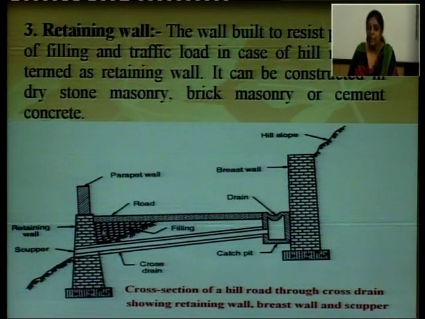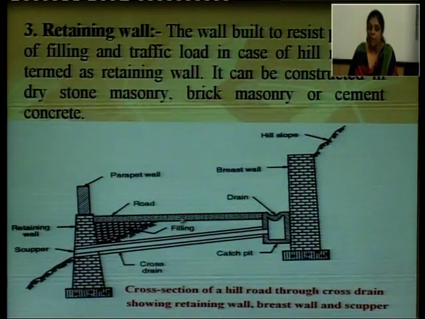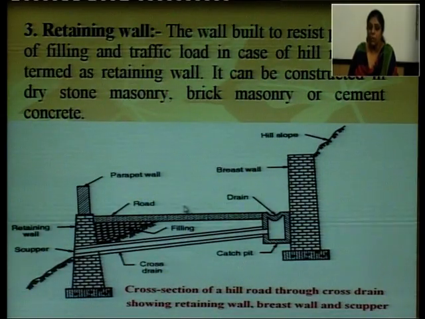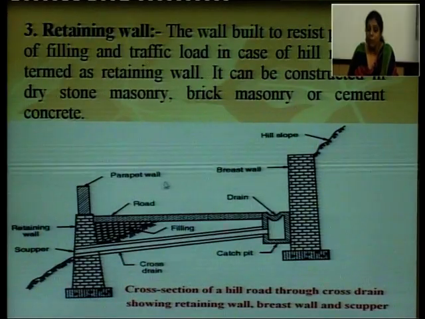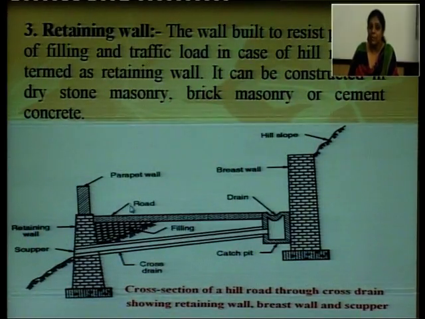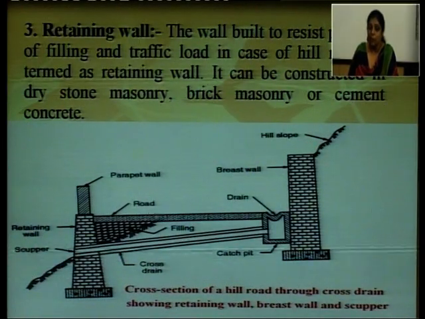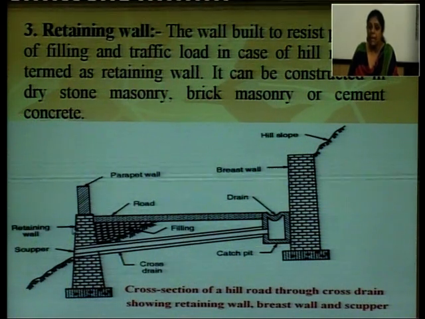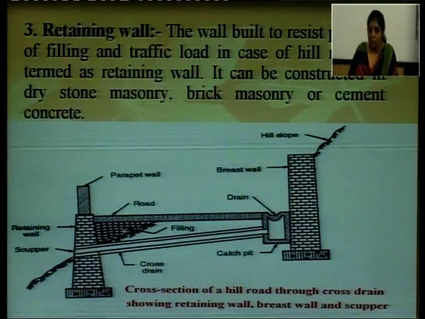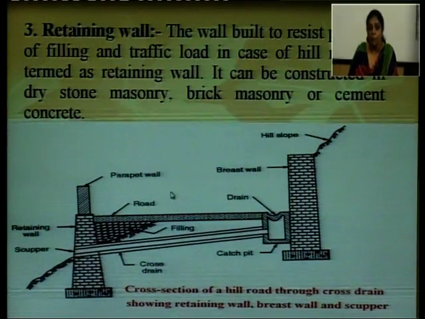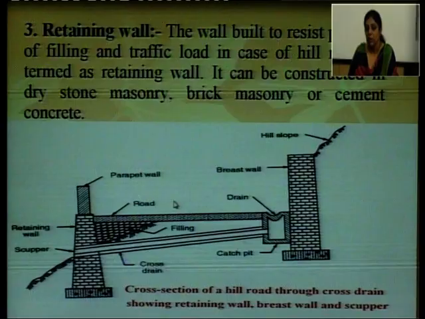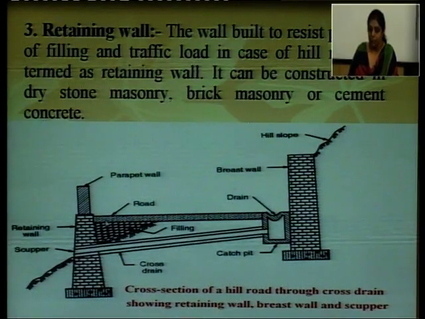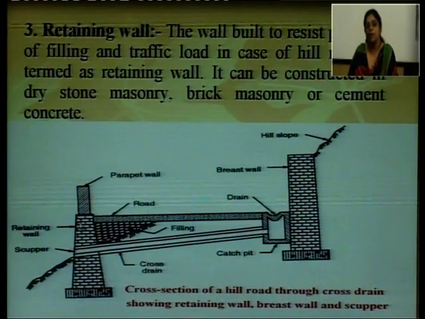To protect this filling along with the load of the vehicles that are traveling on this road, this retaining wall basically retains the pressure from this filling and from the load that is coming upon the road due to traffic. So, that is why we call it a retaining wall.